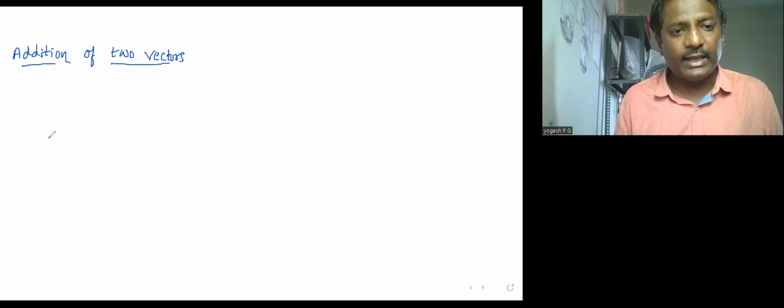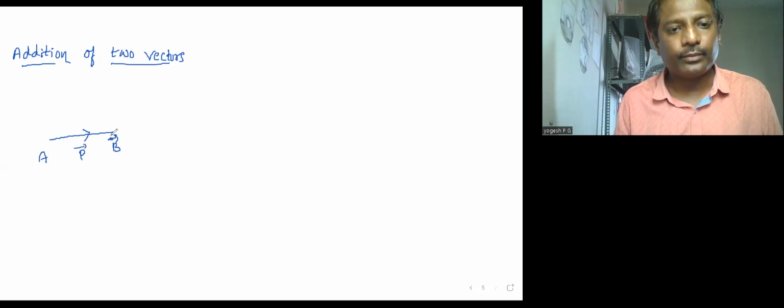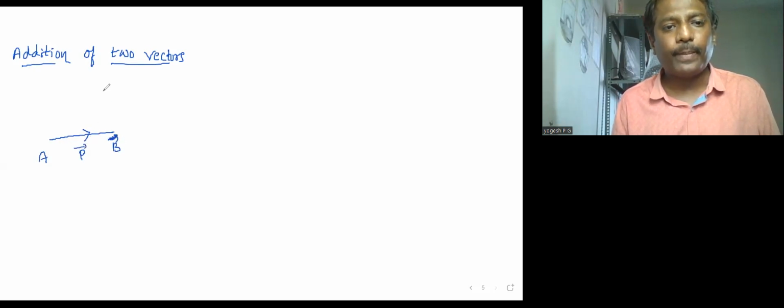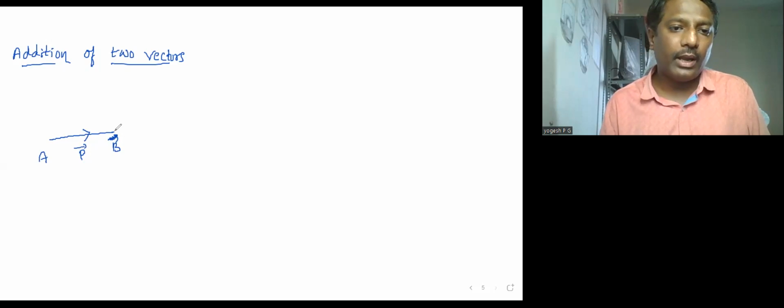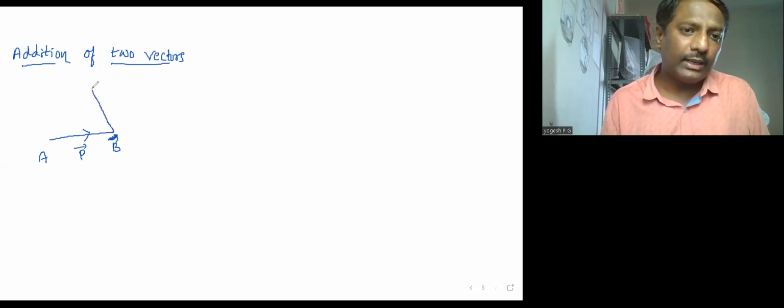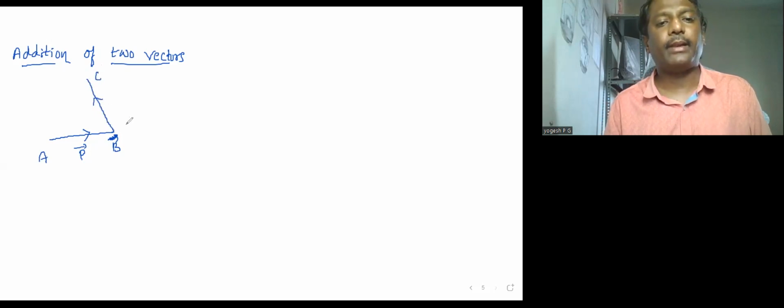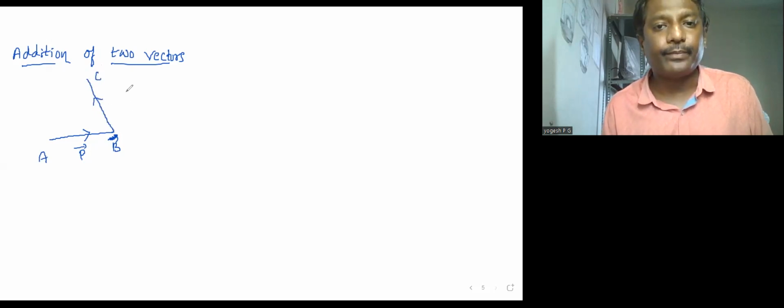Suppose I consider two vectors here, let us say this is the AB vector, P vector. I'll consider one more vector, that is BC. Now, let me consider one more diagram.